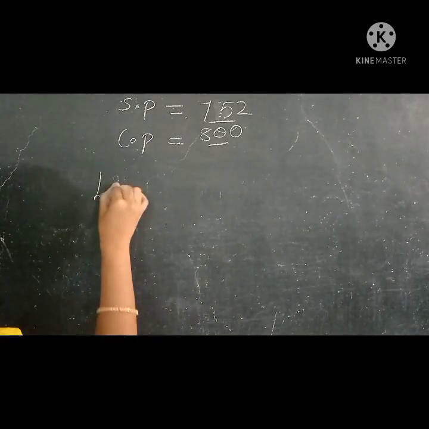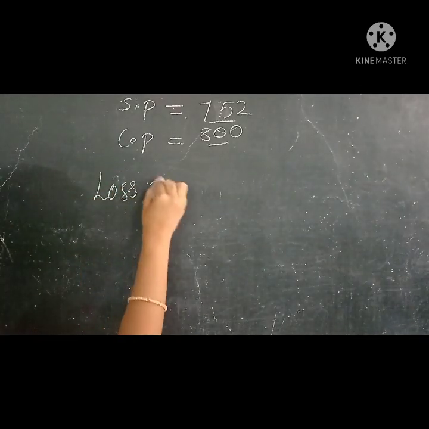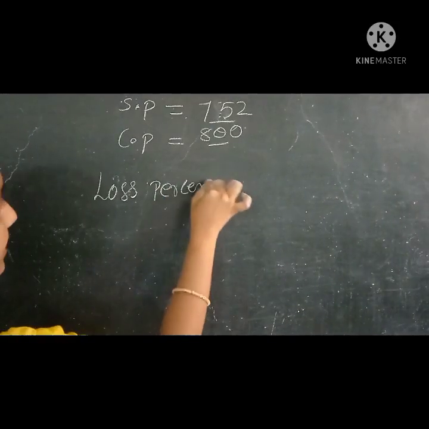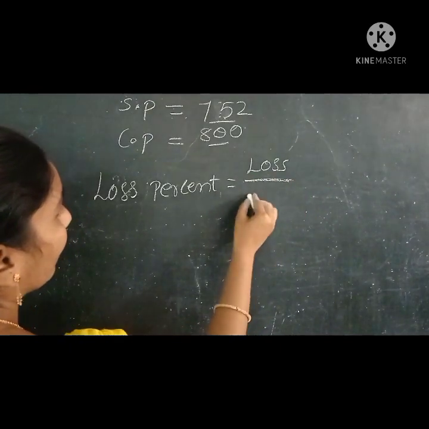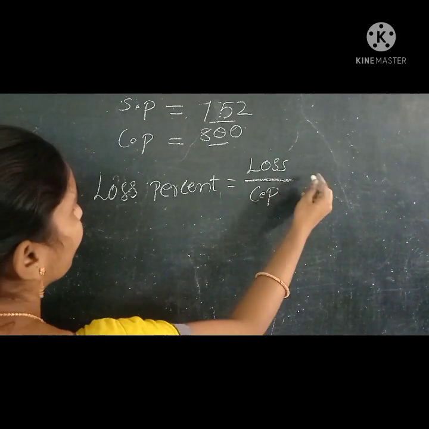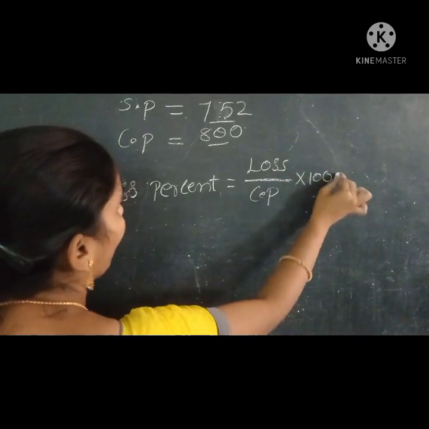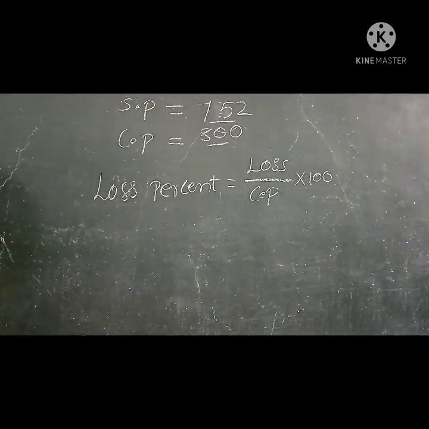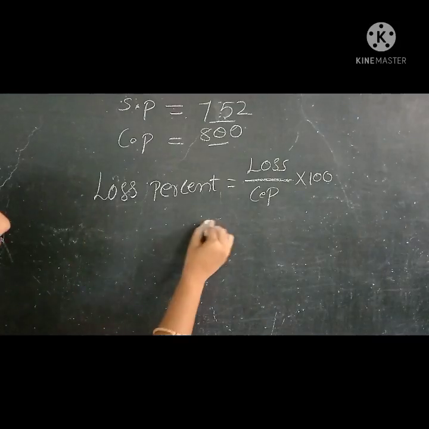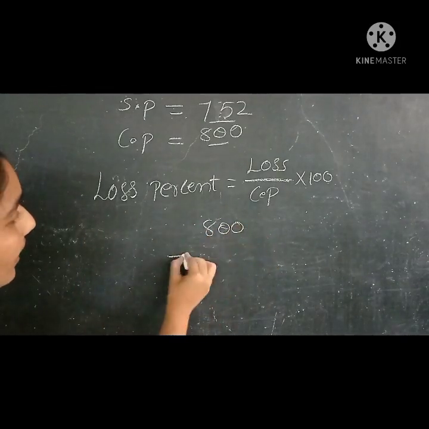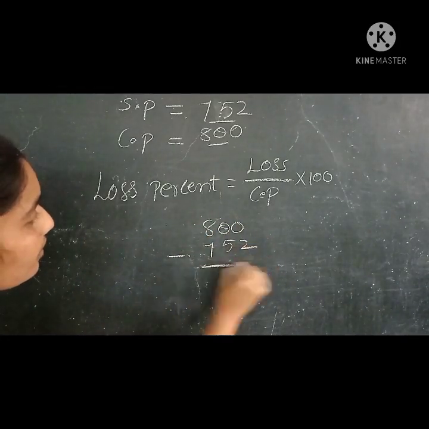So loss formula. What is the loss percent formula? Loss percent is equal to loss by cost price into 100. How much rupees of loss? 800 minus 752 rupees.